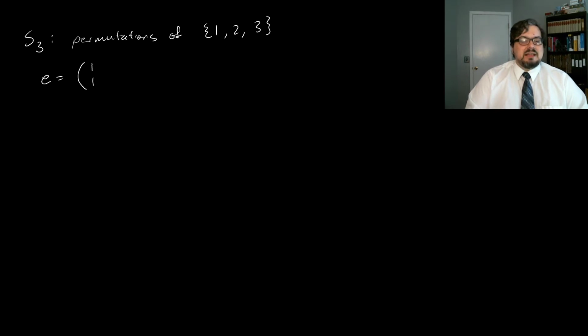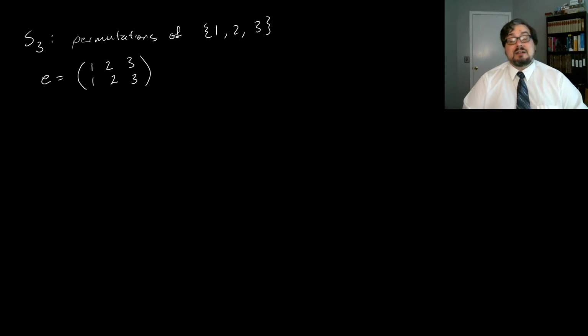The identity element for these groups, in fact, for all of these groups, is going to be the bijection which just takes every element to itself, the identity function. And for S3, we can write that identity function this way, 1 to 1, 2 to 2, 3 to 3.